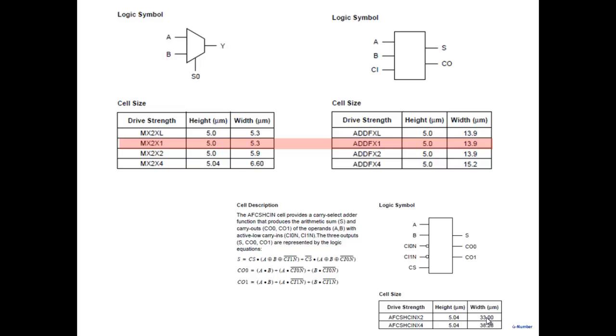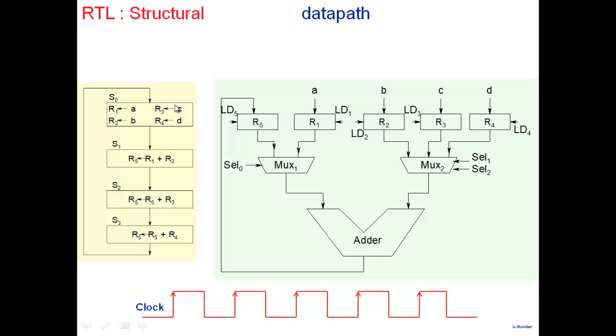So adders are much more expensive than the multiplexers here. So we would like to economize on adders and liberally use the multiplexers. Okay, so that's why we didn't use multiple adders. If we had used multiple adders, we wouldn't have required all these muxes. But muxes are cheaper, and we would like to use that. Adders are more expensive.